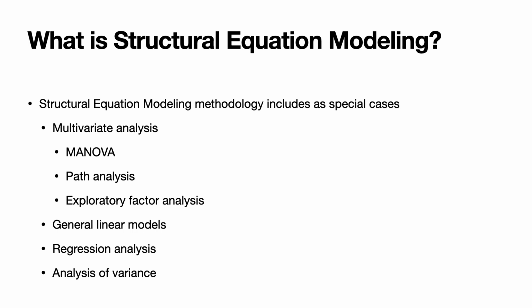Now, structural equation modeling methodology includes as special cases a number of multivariate analyses, including MANOVA, multivariate analysis of variance, multivariate multiple regression, path analysis, and exploratory factor analysis. It also includes as special cases the general linear model, which would include regression analysis as well as analysis of variance.